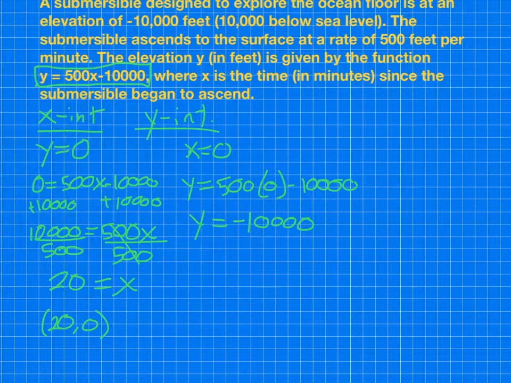That's nice. That's also, if we notice, where the submersible started in the problem. That was its initial value. So our y-intercept has the coordinates 0, negative 10,000.